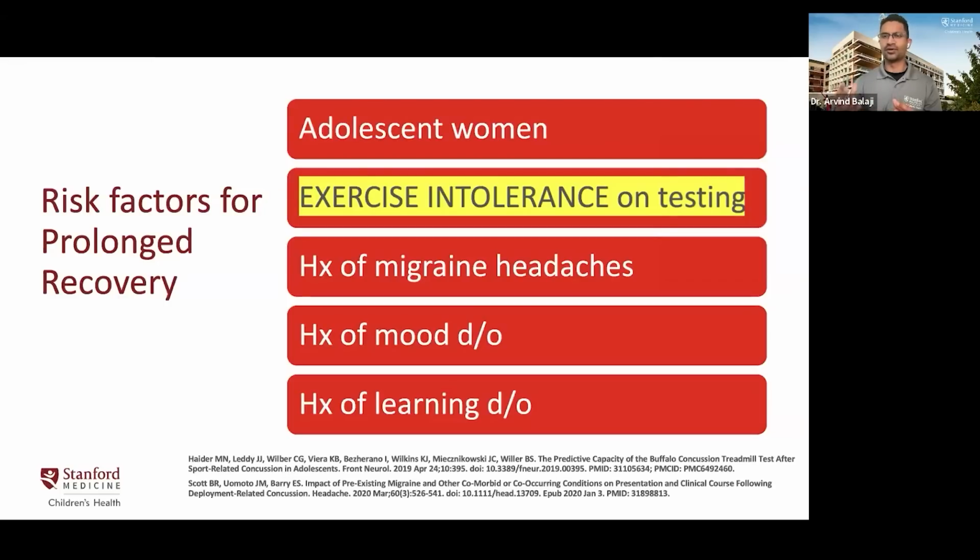For reasons we don't fully understand, the concussion seems to stimulate more severe and prolonged headache symptoms in patients who have a history of migraines compared to those who don't. And the same is true of those with underlying mood disorders and learning disorders. If you already had that before you got hurt, those symptoms are going to likely get worse after the injury, and it takes longer to work through that.